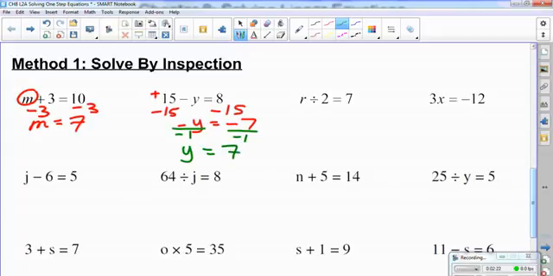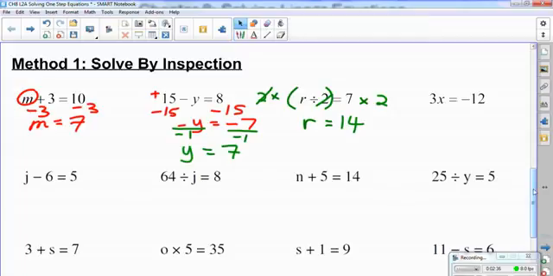Looking at the next example, r is being divided by 2. So the opposite of that is multiplying by 2. Whatever we do on one side, we do the same to the other. 2 divided by 2 will cancel out, so we're left with just r. So r has a value of 14. Just as some reminders, the last one: if you see two numbers side by side, or a number and a variable, a coefficient next to a variable, this is like 3 times x.